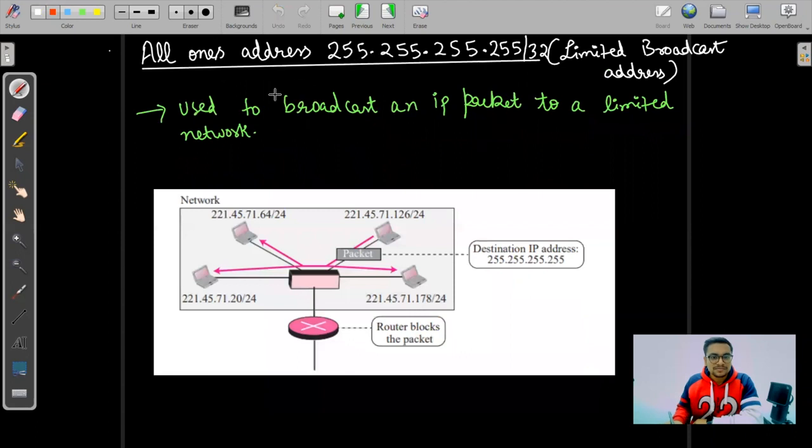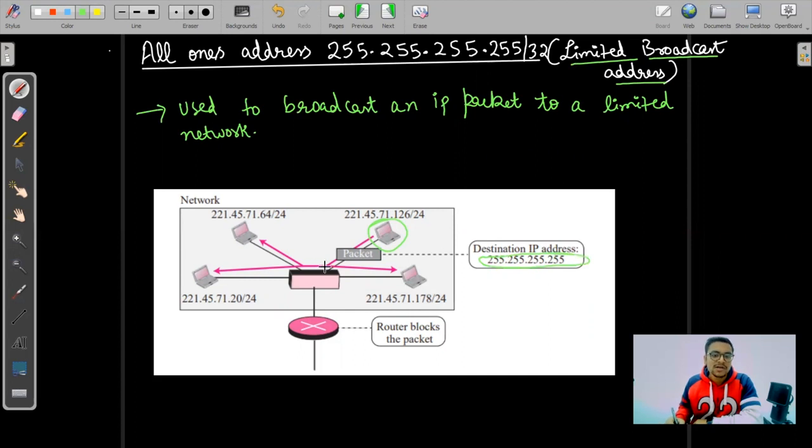Okay, now moving on. All ones address. What is the meaning of the all ones address? The all ones address is generally the limited broadcast address. Let's suppose I am this host and I use this particular address as the destination IP.